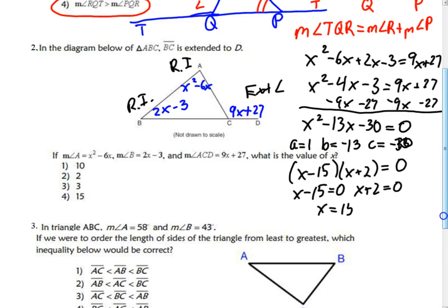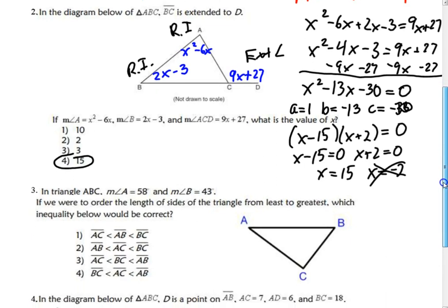So we would have x equals 15 and x equals negative 2. Can't have a negative length, so x would be 15. Do you want me to do it with the quadratic formula? Okay, so again, we would get the same answers with the quadratic formula. Comes out that way. All right.